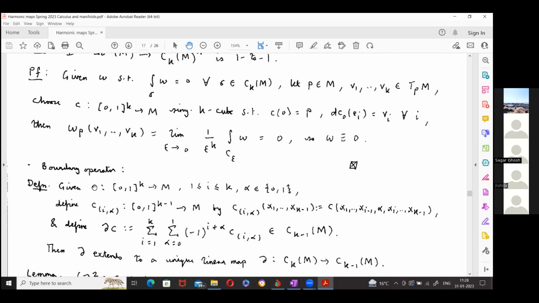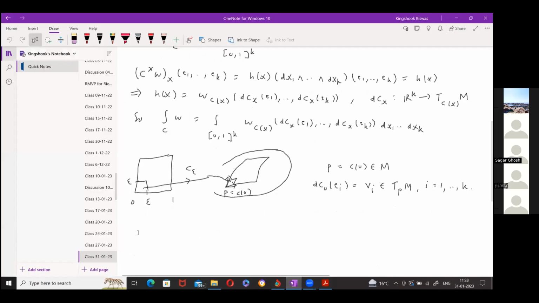So first, what's the boundary of a cube? A k cube has 2k faces, right?